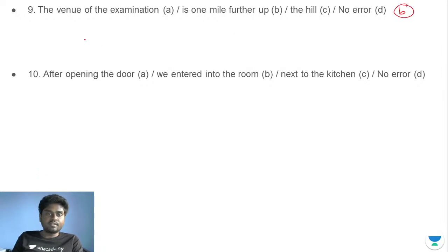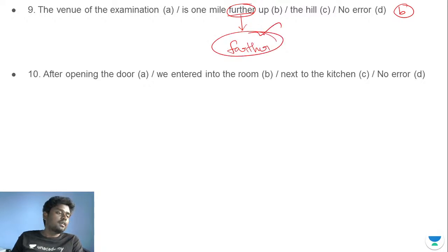Why? Because if you take this, the venue of the examination is 1 mile farther. It should not be further. It should be farther. Farther is actually the comparative of far. So it is 1 mile farther up the hill.